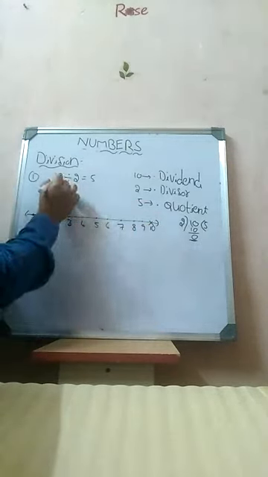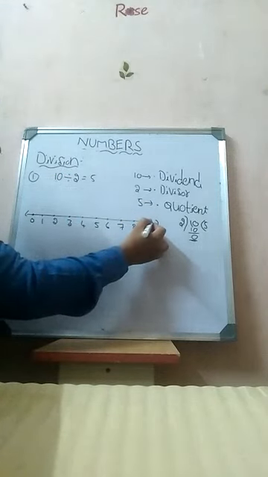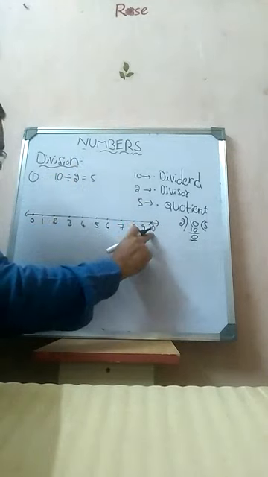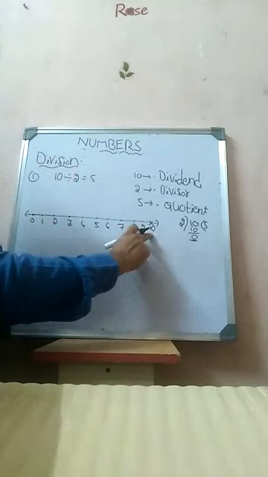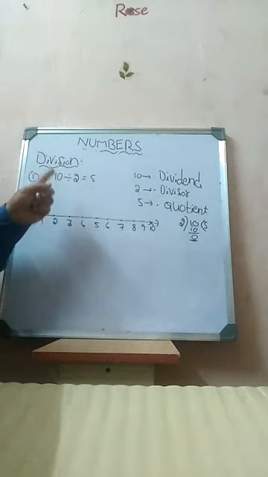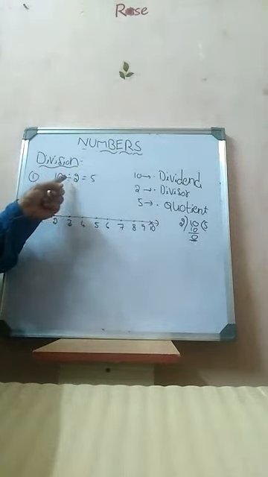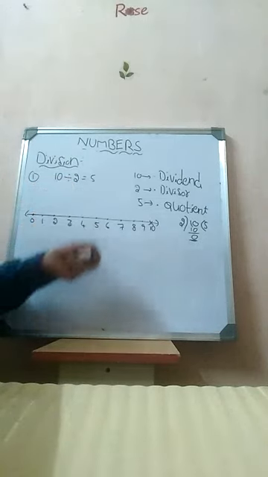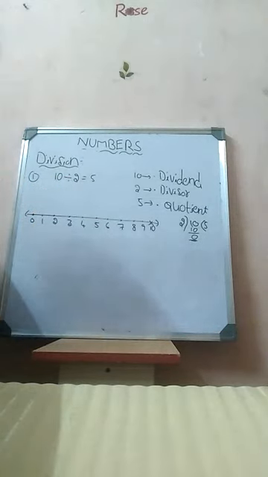That's why dividend, observe, it is 10. So dividend tells us from where we have to start. And this divisor tells us how much we have to jump.